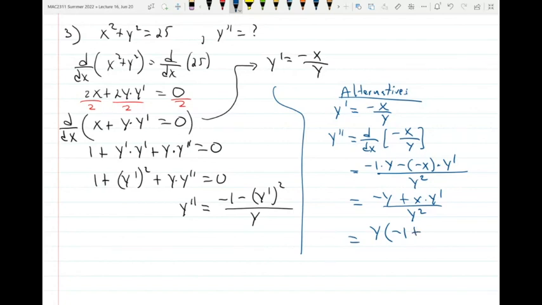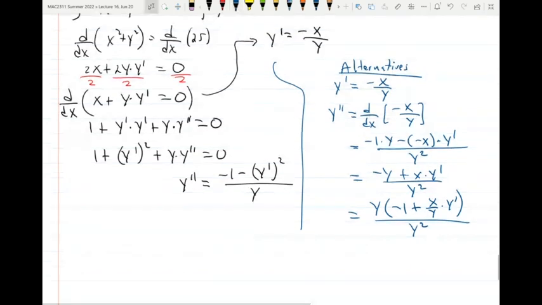Now there is no y in the second term, so what do I need to do? If there is no y in the second term, divide by that, right? So I'm going to write it as x over y times y prime. Do you understand this so far? Again, what I'm doing here is just to show you that these two expressions, this one and this one, are equivalent. So we can simplify the y's.